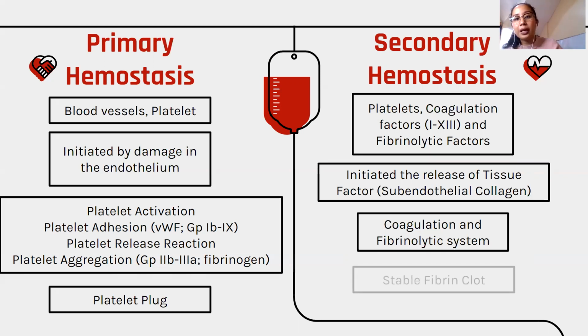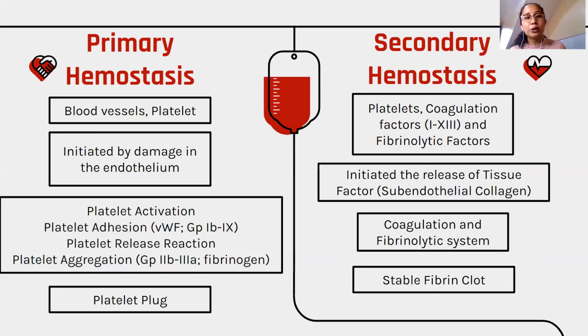Once fibrin is created, class, it's more stable. The fibrinogen converted to fibrin is more stable, keeping the blood vessel plugged. So why are there fibrinolytic factors? This clot is not permanent.